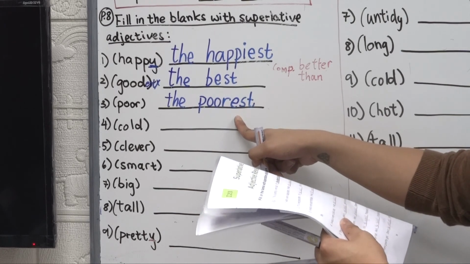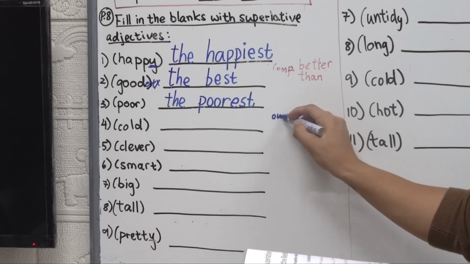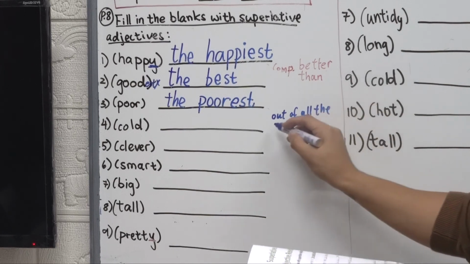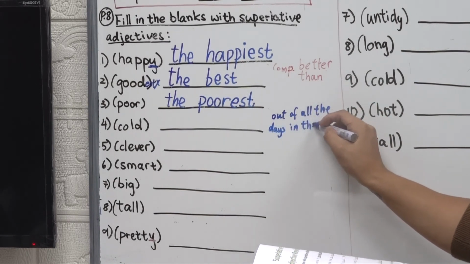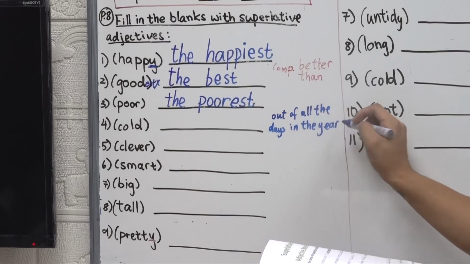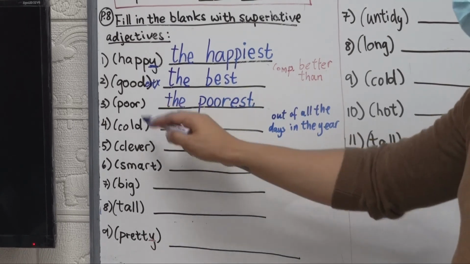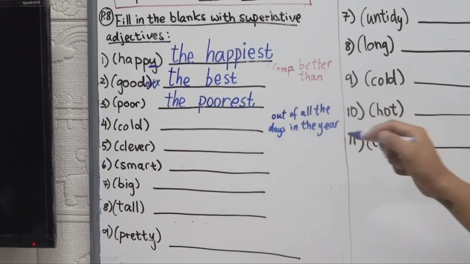So out of all the days, and how many days do we have in 1 year? 365, right? So how many days are we talking about? Just one out of all the days in 1 year, okay?